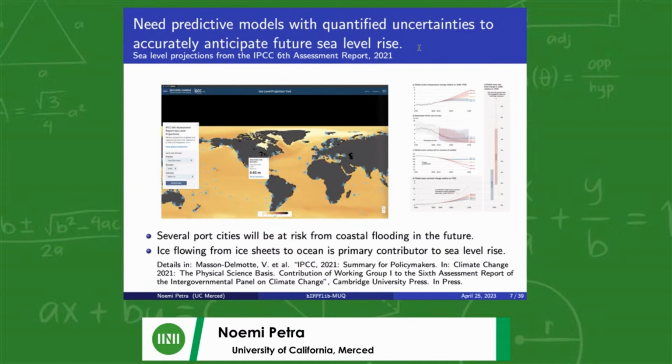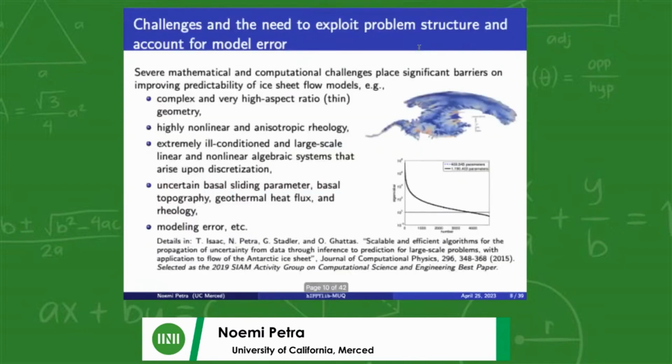It turns out that studies show that ice flowing from ice sheets to ocean is the primary contributor to sea level rise. So the glaciology or ice sheet community is trying to come up with better models to make more reliable predictions to, of course, down the road help with decision making.